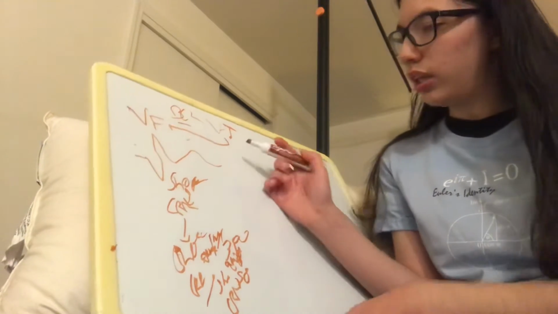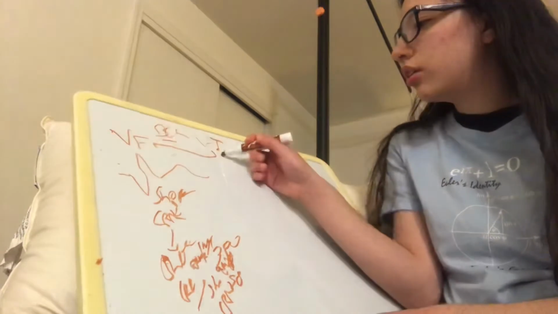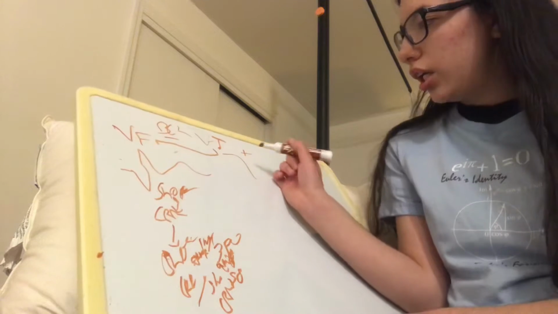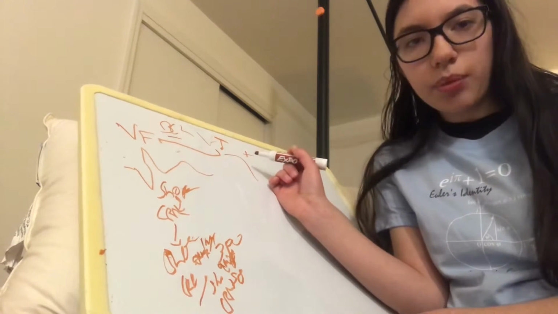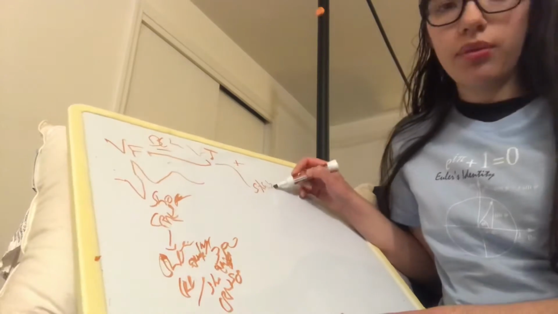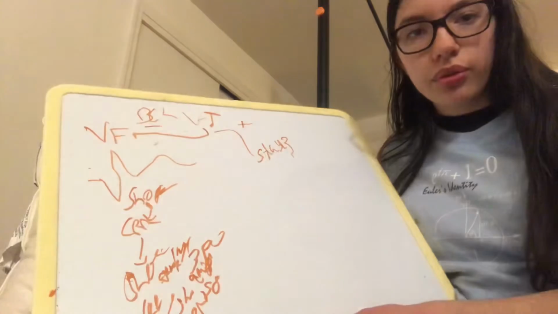Now ventricular tachycardia with pulse, so here the pulse is present. If the pulse is present, the next step is to ask whether the patient is hemodynamically stable or not.